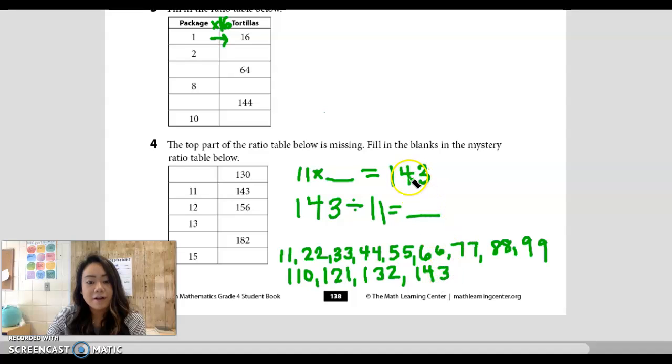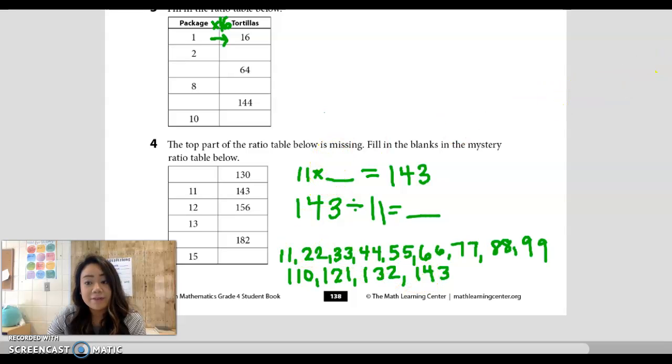Did I get there? I did. And it looks like I counted how many times? 1, 2, 3, 4, 5, 6, 7, 8, 9, 10, 11, 12, 13.